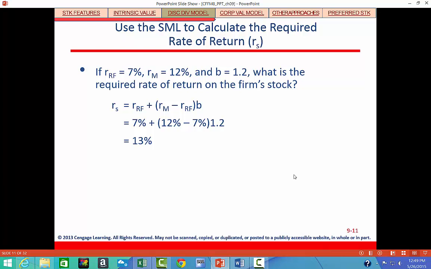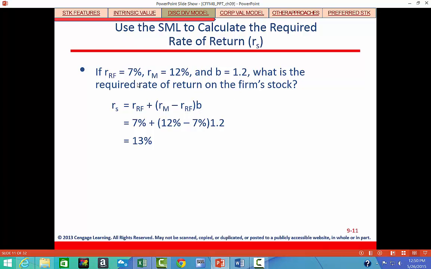So if you remember the CAPM, also known as the security market line, we can use that to calculate the required rate of return for a stock. The equation we were just learning about in the last chapter is rs equals the risk-free rate plus the market risk premium times beta.